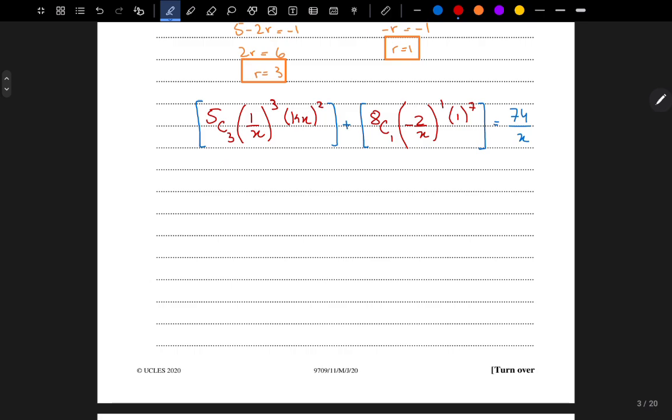If we solve this further, this will give us 10 into k squared x squared upon x cubed, this will be minus, 16 upon x, equals 74 upon x.